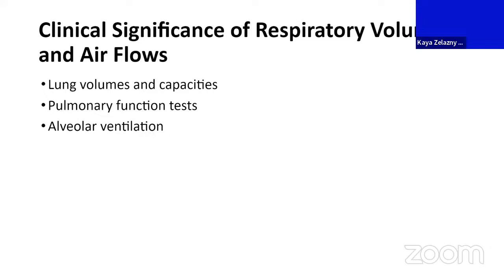We might talk about specific pulmonary function tests. So they might have you breathe into tubes and test certain things during that process. And then as we start to think about the specific gases that you want to get into your bloodstream, you might start to think about what we refer to as alveolar ventilation. So we're going to start by thinking about these lung volumes and lung capacities.